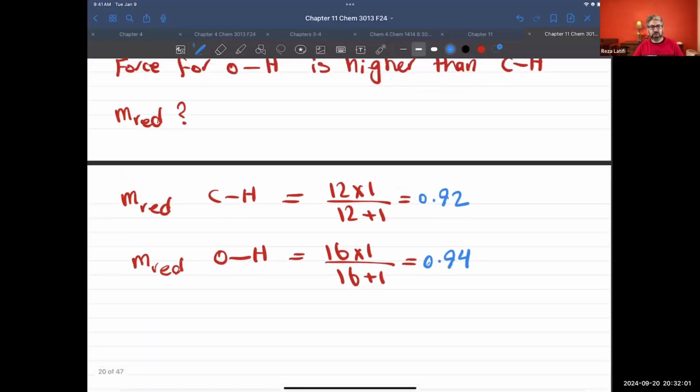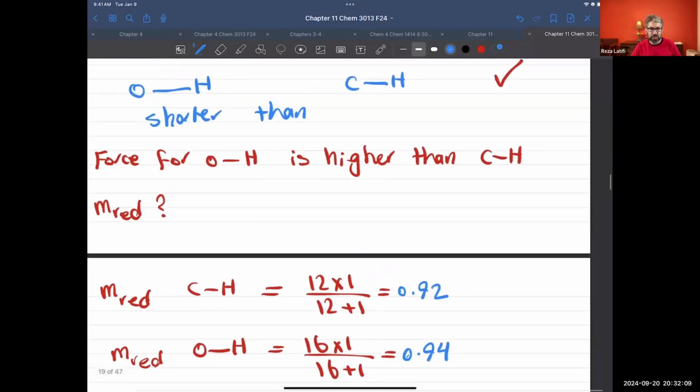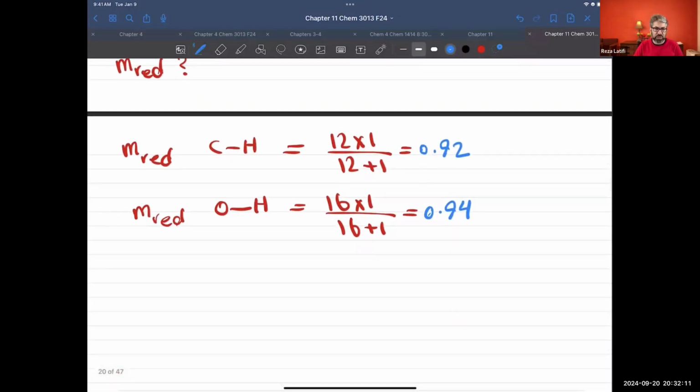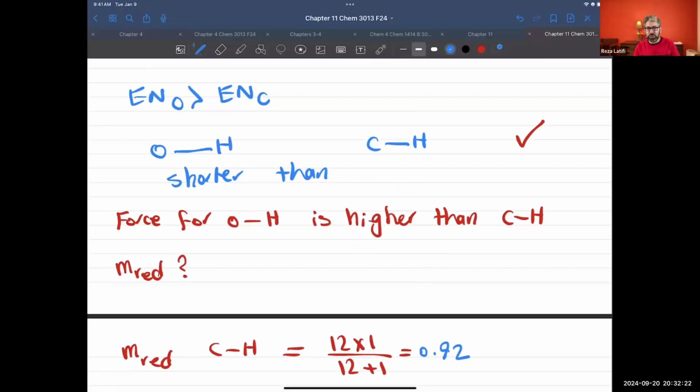So the reduced mass is working against the frequency here. Reduced mass is telling us that CH should have higher frequency than OH, just the reduced mass. But then electronegativity, or the bond length, says OH.